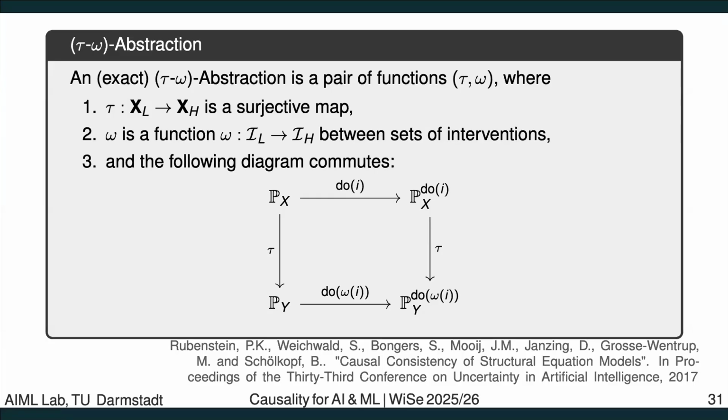So that's in the original definition of causal abstractions, that's actually done. I haven't written this here, but basically what they say is, okay, we only allow a particular set of interventions where we know that we can soundly apply them in the high level.